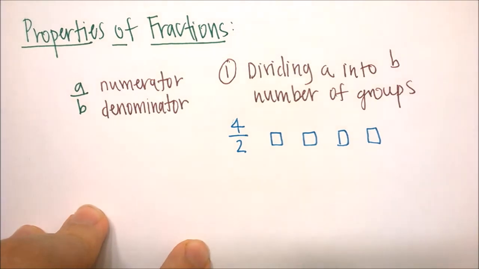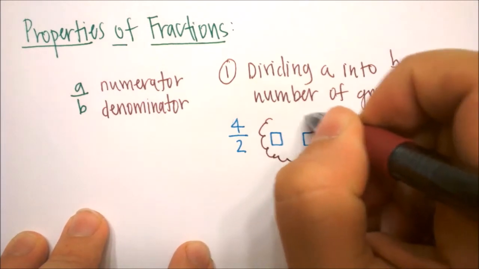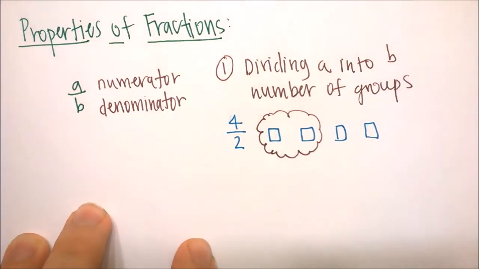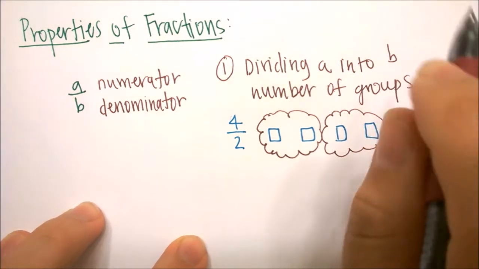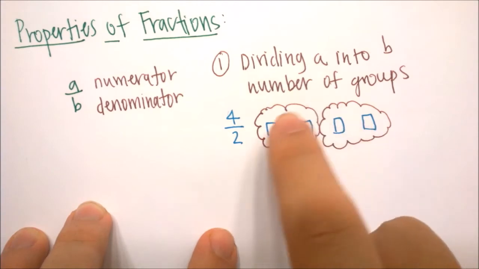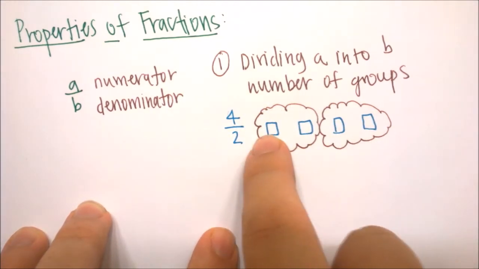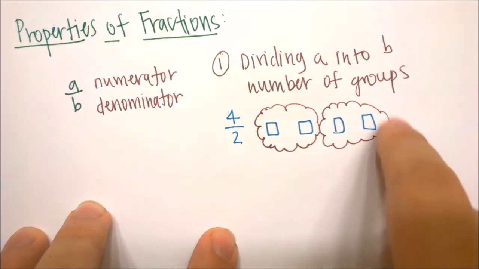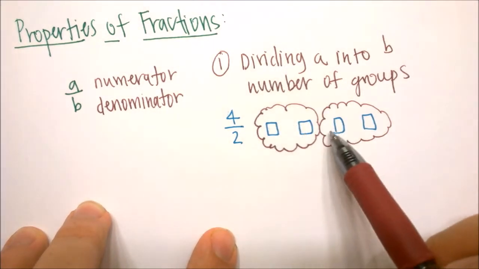So to do so, we say, okay, here's the first group, and here's the second group. And we were able to do that evenly, so there are 2 boxes in each group. We had 4 boxes to start with, we divided them into 2 groups, and we're left with 2 in each group.